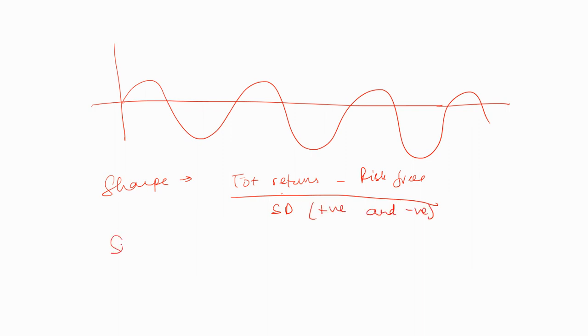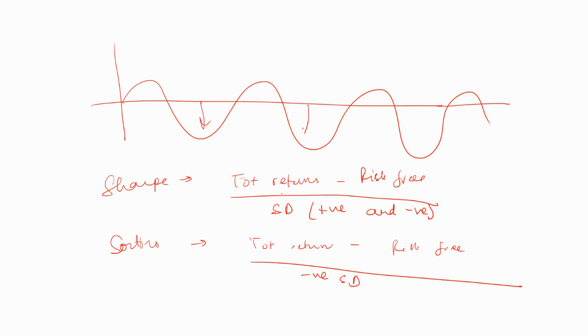Okay, in case of Sortino ratio, total returns minus risk free return divided by only the negative standard deviations, only these things. Okay, so that is why in case of this standard deviation it will be a bigger value than this, because we are also considering this. And that is why you will see generally Sharpe ratios are smaller than Sortino ratios.